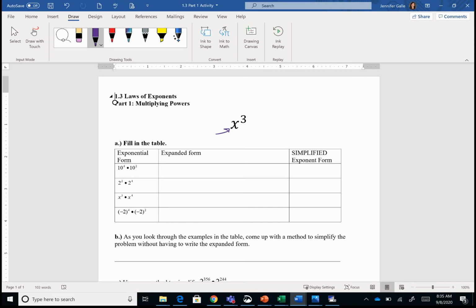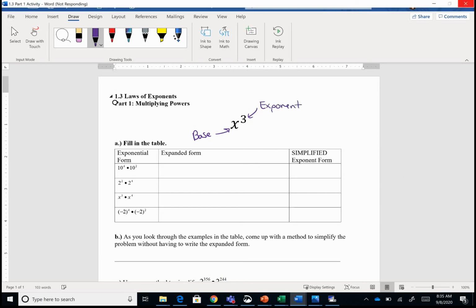Anybody know that one? I'm glad we're doing this today. That is called the base. That is referred to as the base. That little number, the little 3 that's written, looks like it's floating around up in the air. That's the exponent.